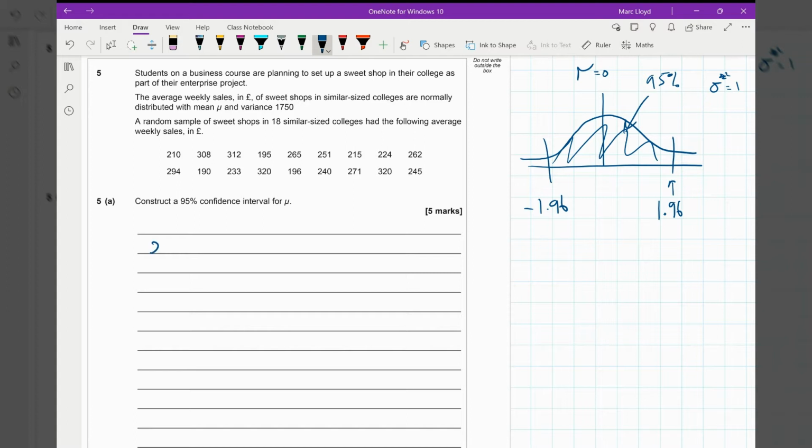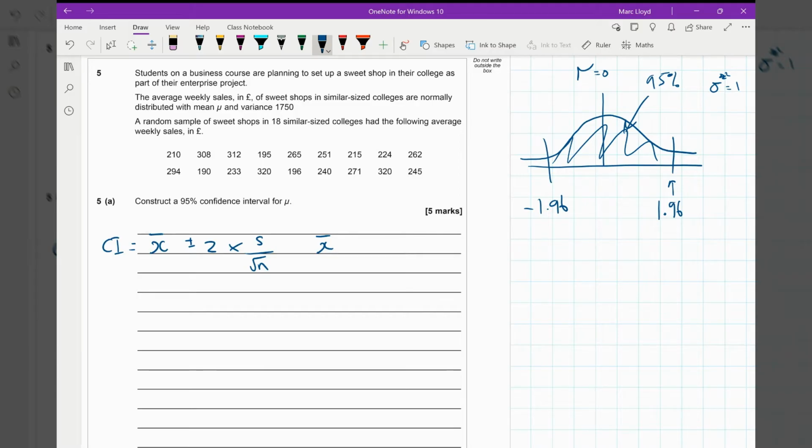So we need to have the x bar. This is what the confidence interval is going to equal: x bar plus or minus that z value, which we've just found, multiplied by s over root n. So we need to work out what the mean is first. We're going to sum all of the values that we've got there, which I should have done beforehand, but I haven't.